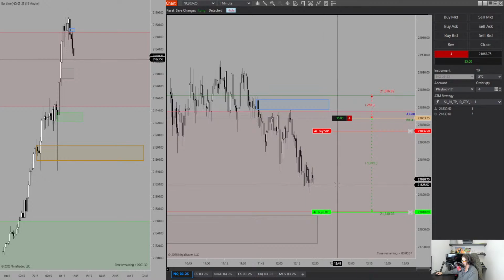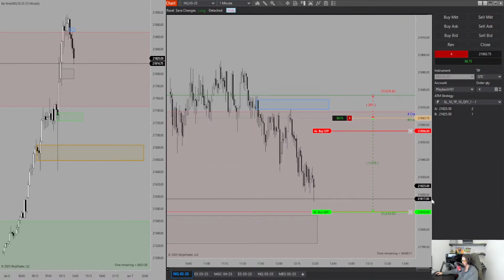I don't like that I took this liquidity. Don't want to really see it. Oh. Close.